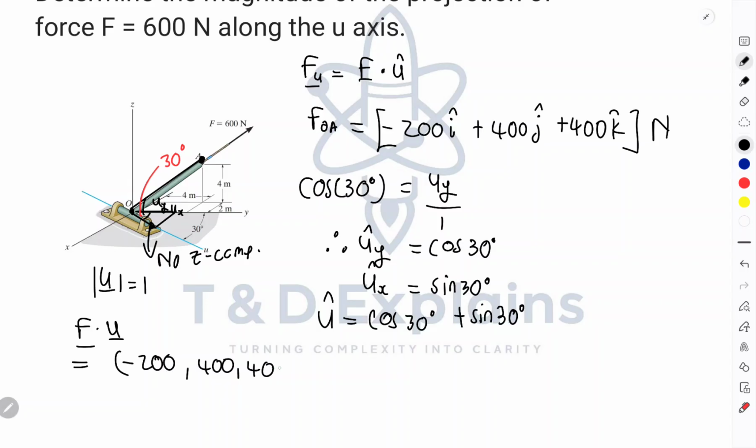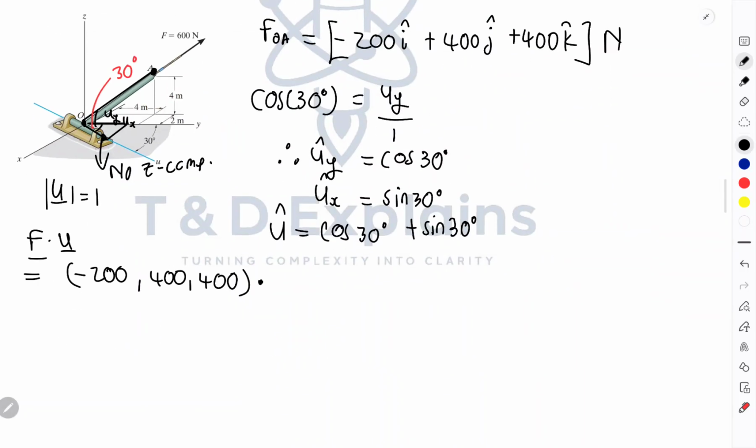The reason I like this notation is because it's quicker compared to the i, j notation. So it's going to be cos of 30 degrees, comma, what about the y? It's going to be sine 30, and this is going to be 0.